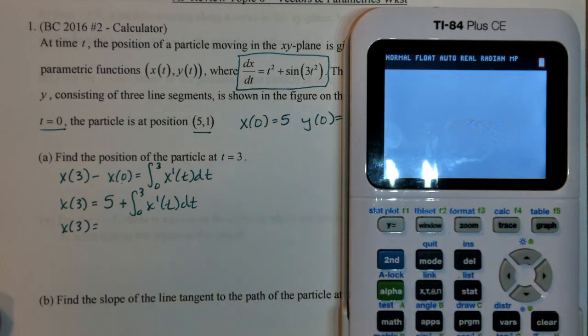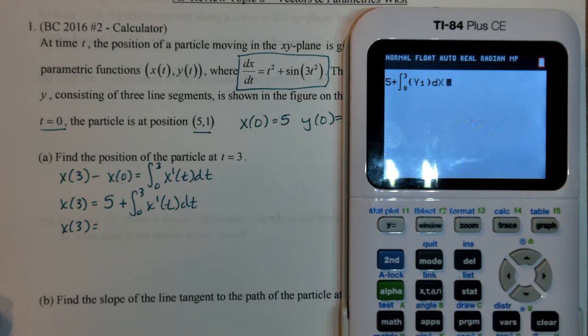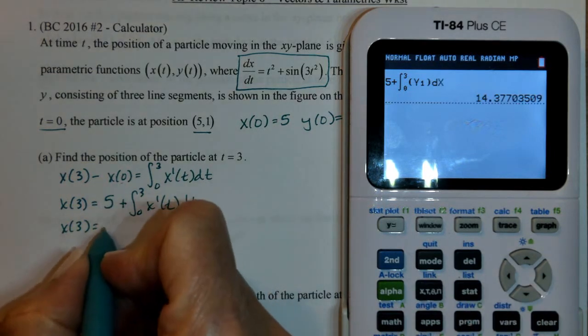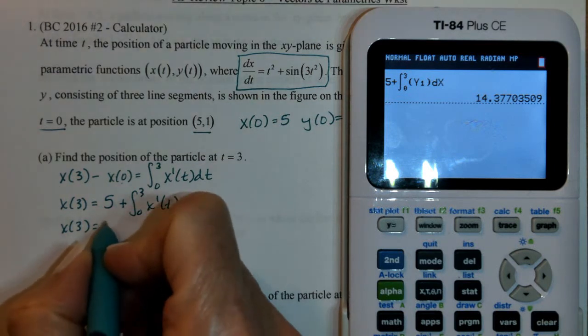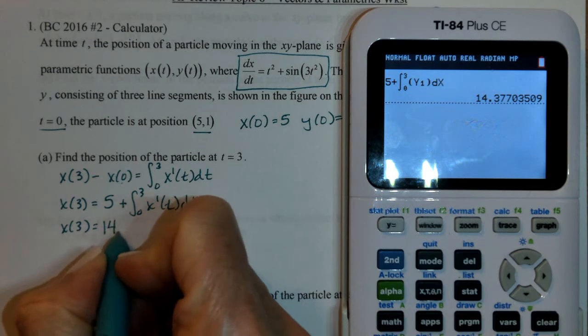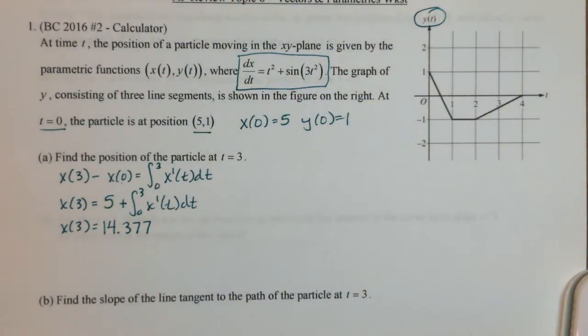And then on our home screen, 5 plus the integral 0 to 3 of x prime dt. And so at time 3, the particle is at the x coordinate 14.377.